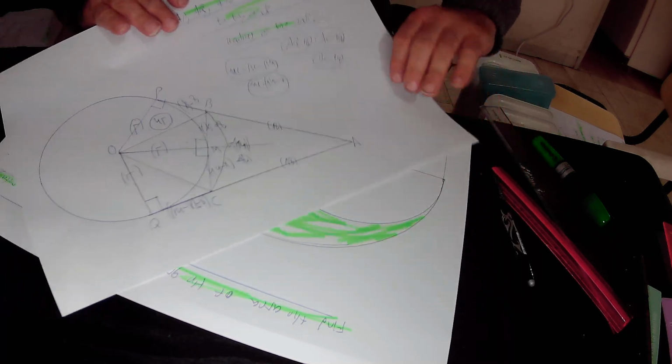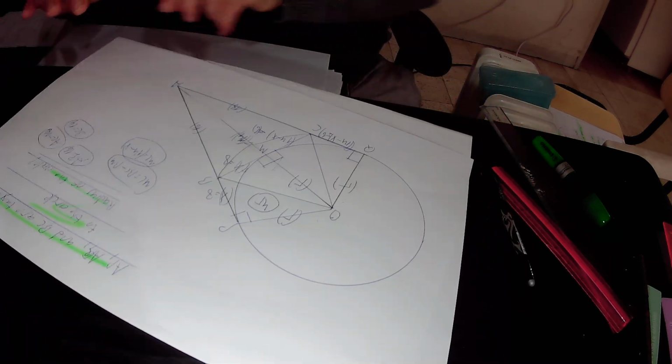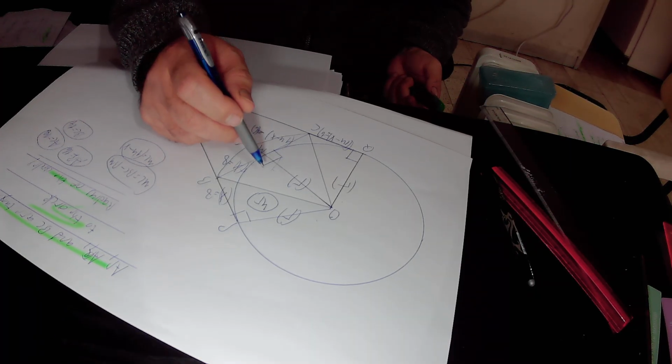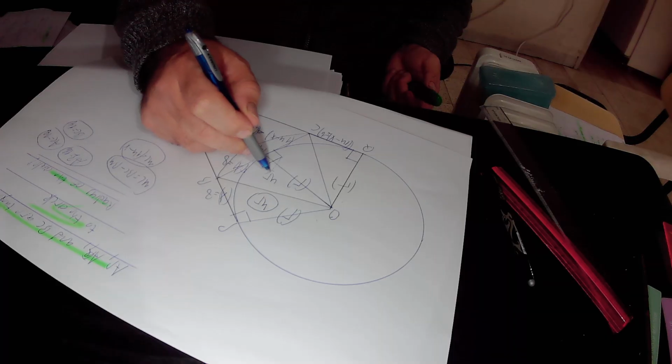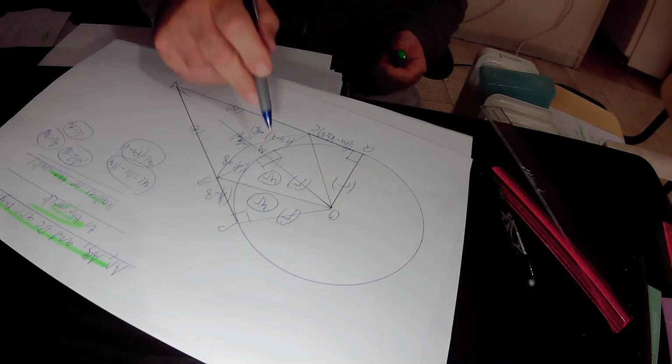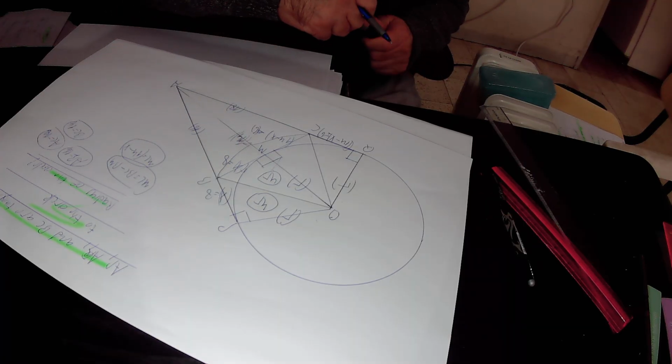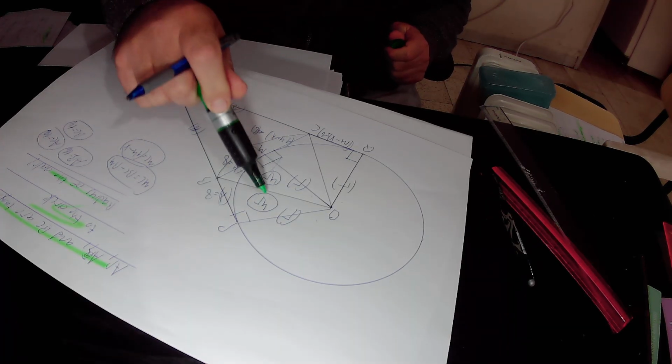So the area of this right triangle OBM also equals 4R square units in its size. Exactly like this right triangle OQB, that also equals 4R square units in its size.